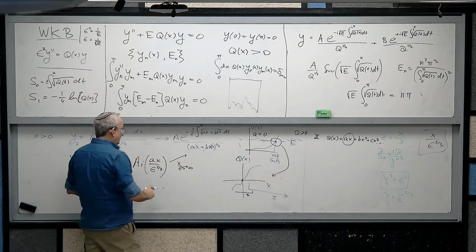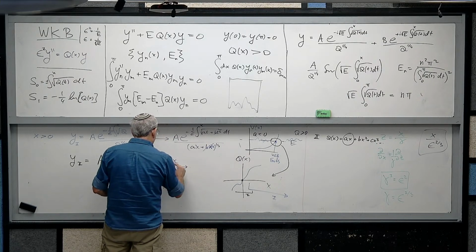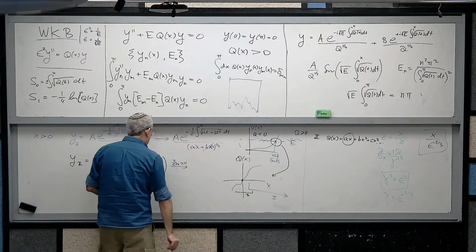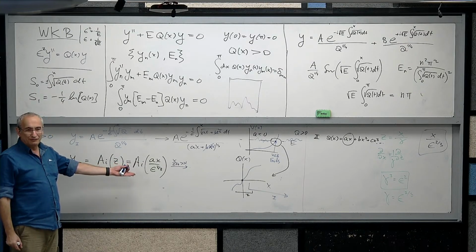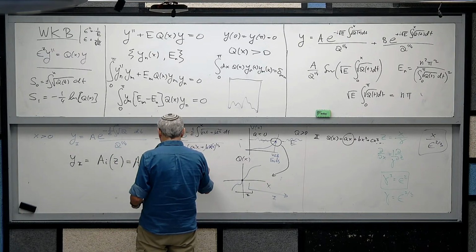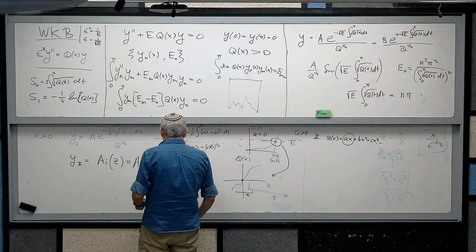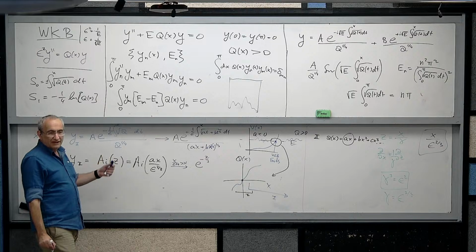Now, what will be the limit of this one when x over epsilon to the 2/3 is much larger than 1? I have to use the asymptotic of the Airy function for large argument. And you know what it is, right? The asymptotic of the Airy function for large argument is e to the minus 2/3 times the argument to the power of 3/2.